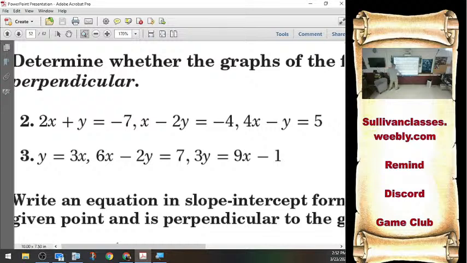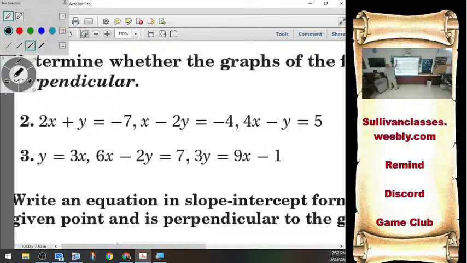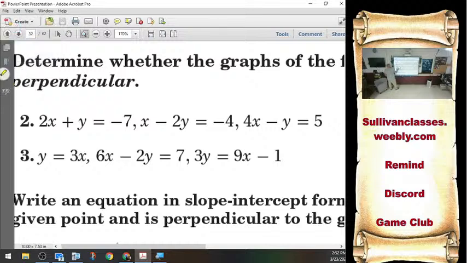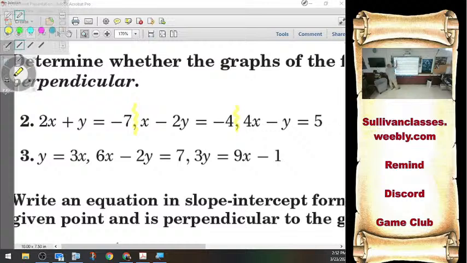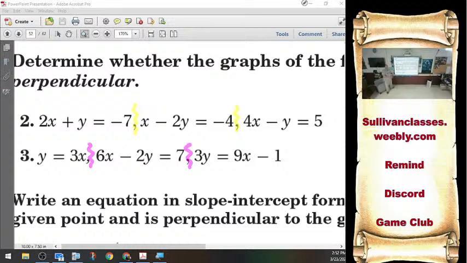I know it looks kind of gross because they just put commas in between them, but here's a line, here's a line, here's a line. Here's a line, here's a line, here's a line. Rearrange all of them so you can find their slopes, and then tell me which ones are parallel and perpendicular.